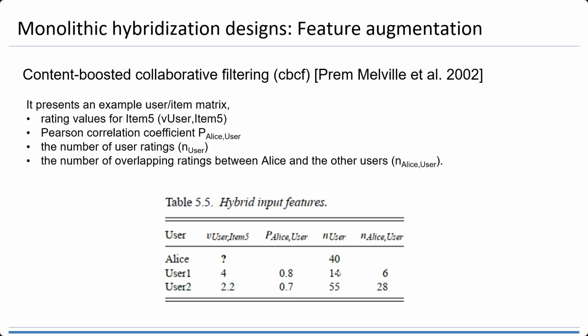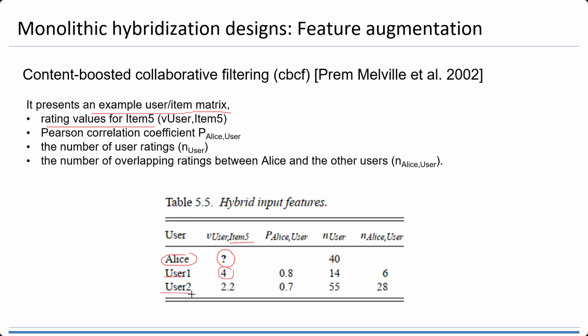We have these numbers. It presents an example of a user-item matrix, with rating values for item 5. Alice, I want to know what the rating on item 5 is. For user 1, he gave the rating 4.